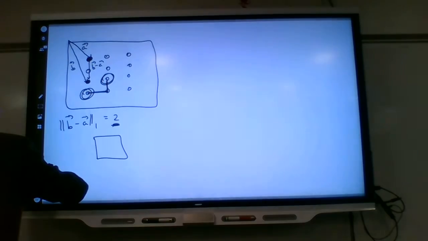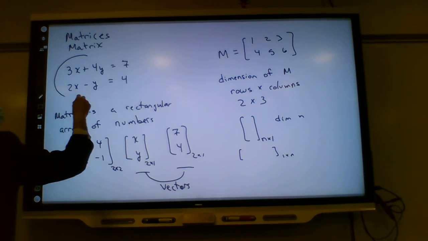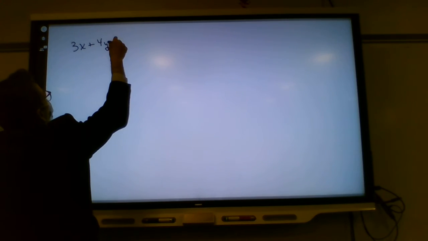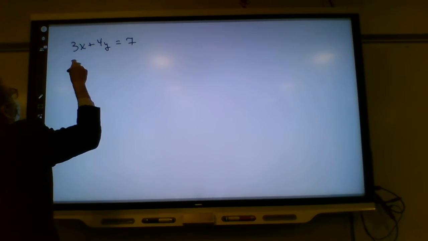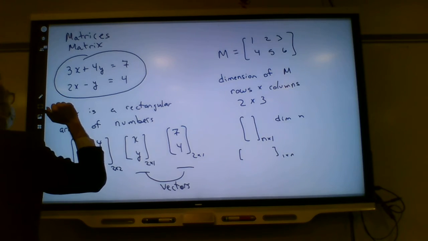We had the system of equations, 2x minus y equals 4.